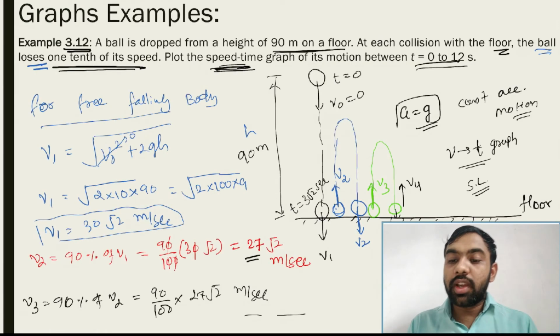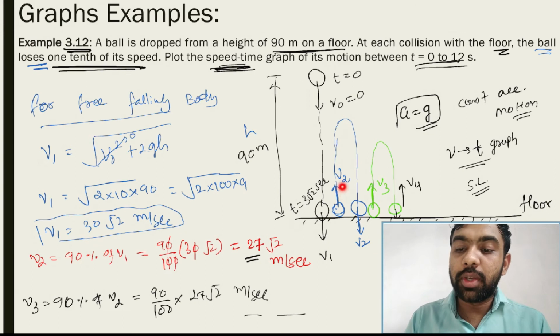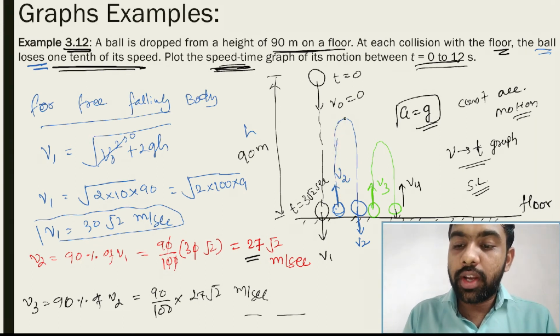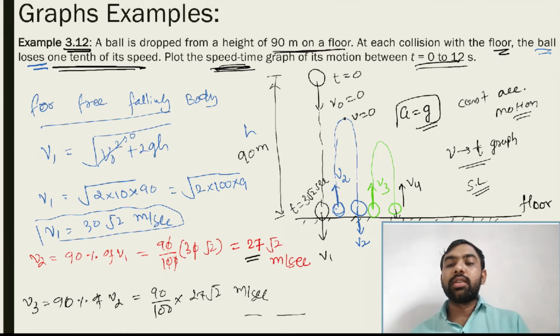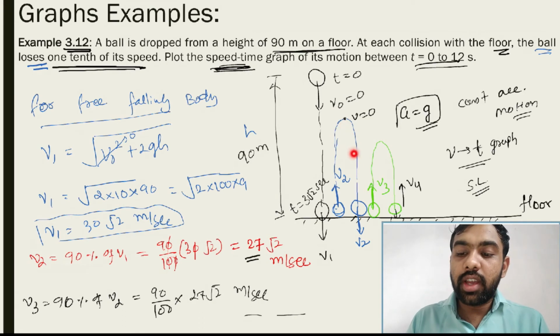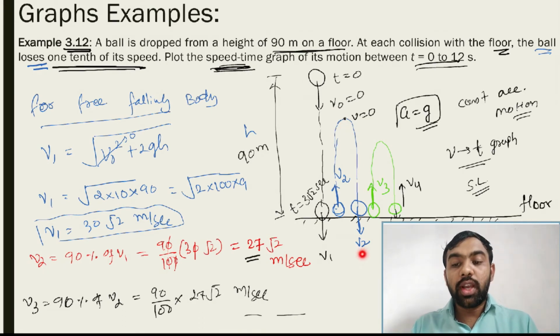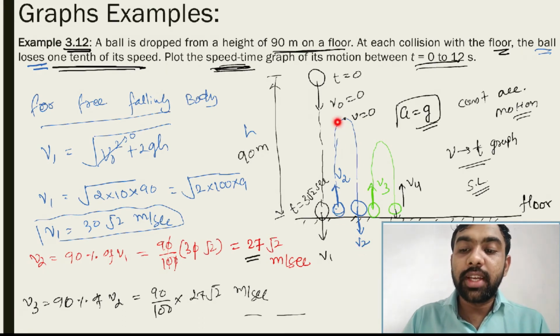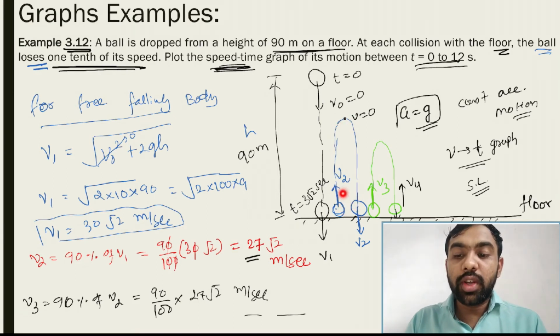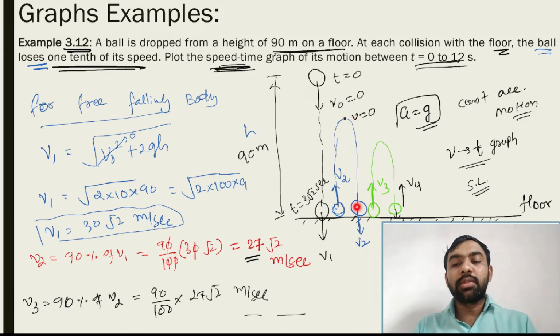And when the ball is moving upward, speed decreases and becomes 0. So at this point the speed is 0. And again its speed increases from here to here, and it again becomes v2. Again from here to here speed decreases and becomes 0, and from here to here again speed increases and becomes maximum.